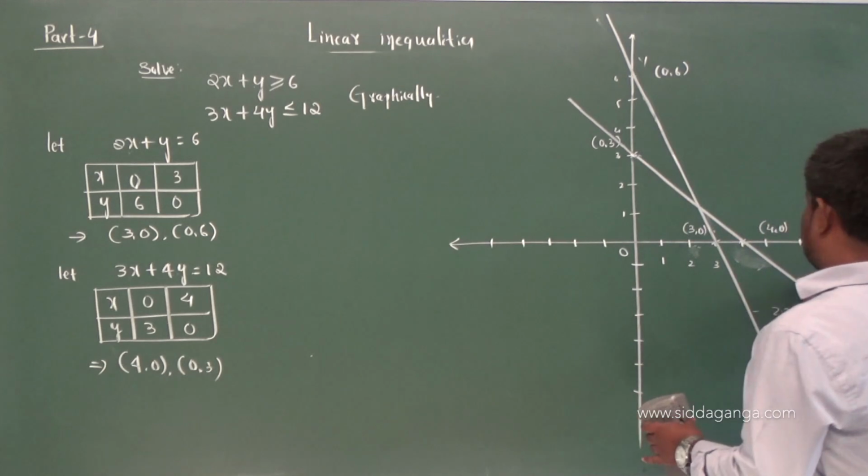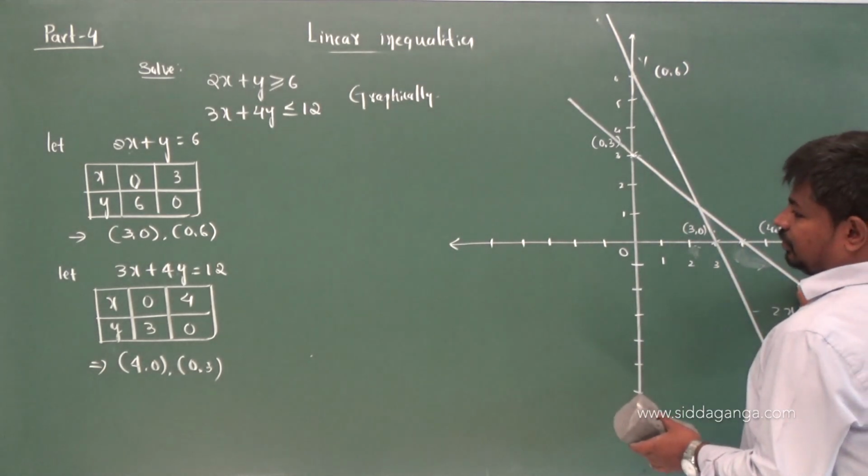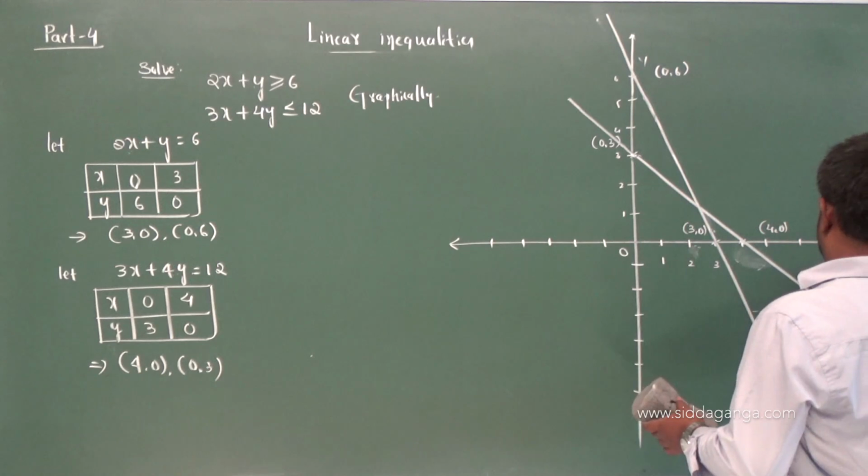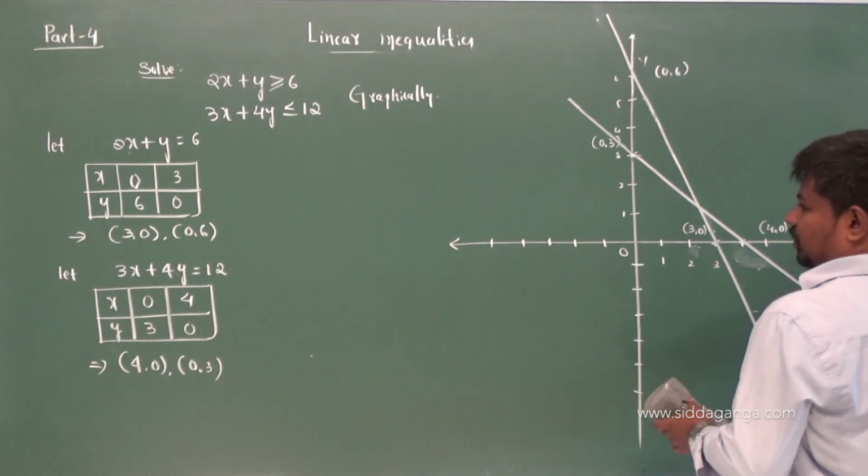This is your line 3x plus 4y is equal to 12.